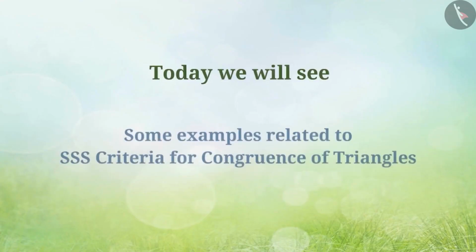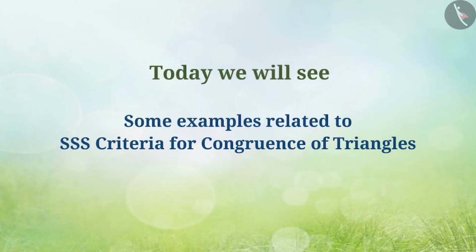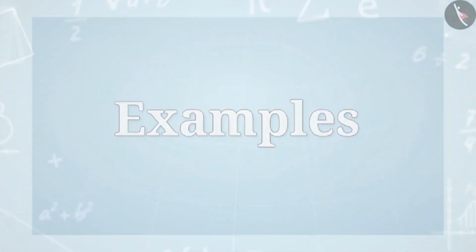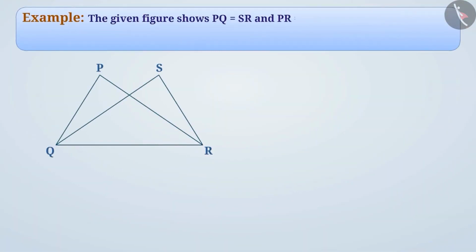Today we will see some examples related to the SSS criteria for congruence of triangles. The given figure shows PQ is equal to SR and PR is equal to SQ. Is triangle PQR congruent to triangle SRQ? Give reasons.